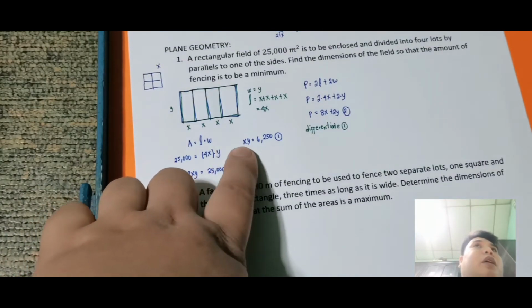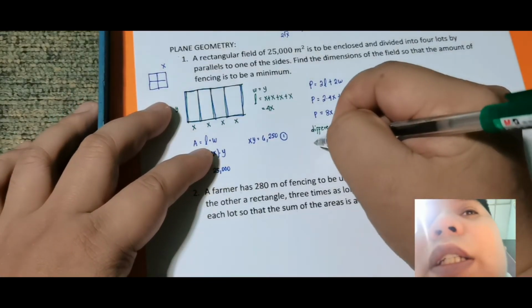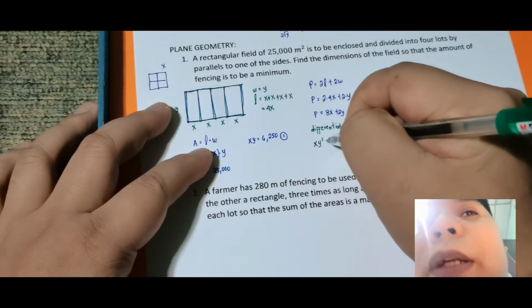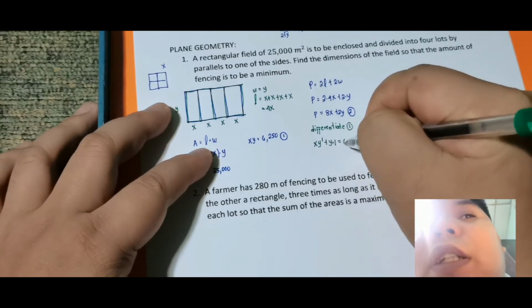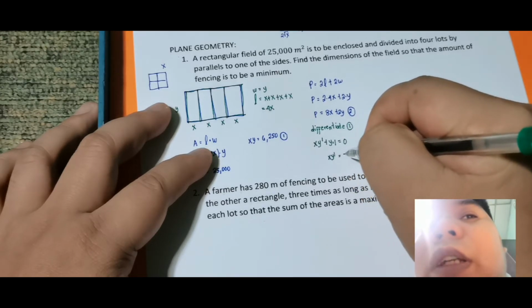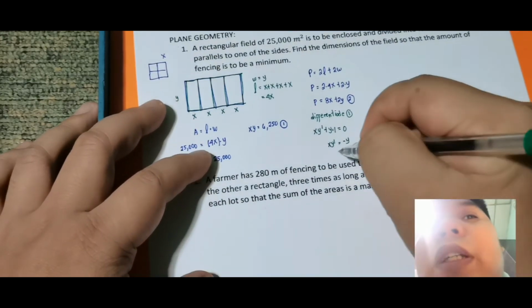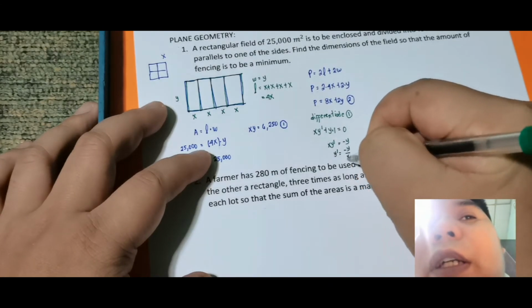So the derivative na xy is just product rule, tama, so this is x y prime plus y times 1 is equal to derivative ng constant is 0. Wherein this is x y prime is equal to negative y. Okay, wherein y prime is equal to negative y over x.